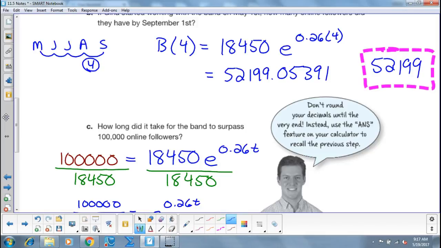Rubes, why does it make sense? It's growing, okay, but is that the only reason why? What you got?